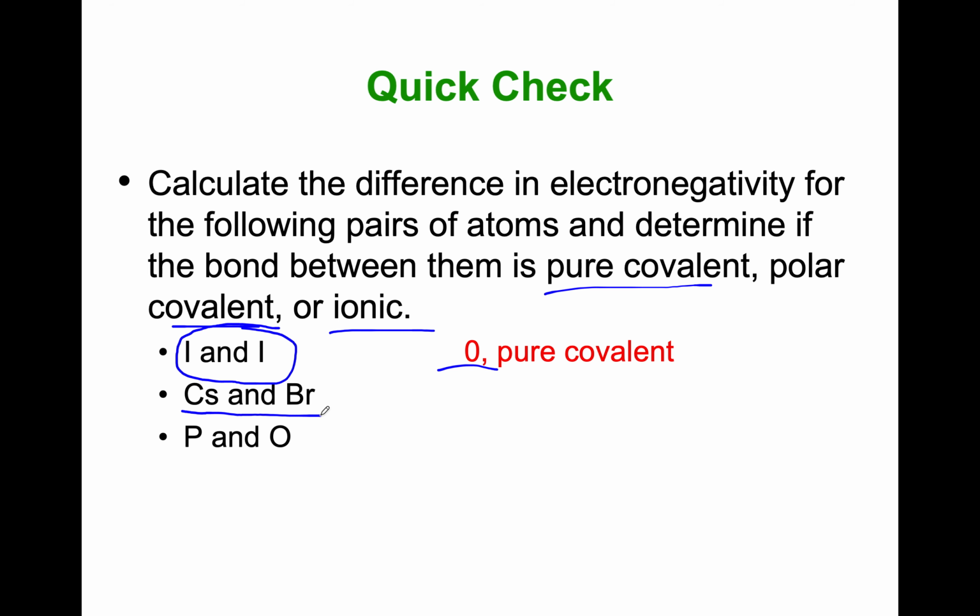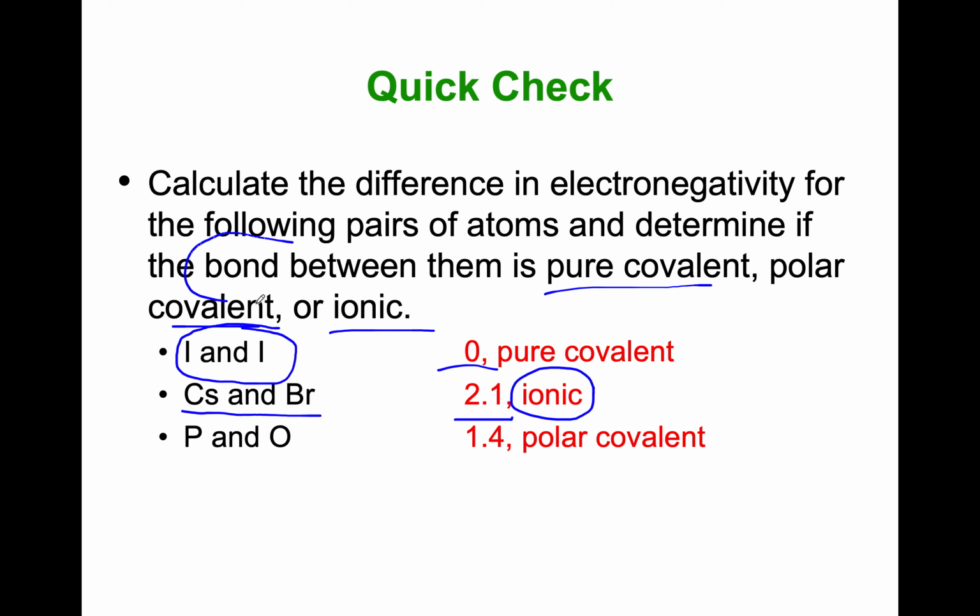Cesium and bromide, you can think right away, that's a metal and a nonmetal. You do the calculation, it has a difference of 2.1, that's going to be an ionic bond. And then if you take a look, phosphorus and oxygen, do the calculation at 1.4, that would be a polar covalent bond. So what we're talking about right now are the bonds.